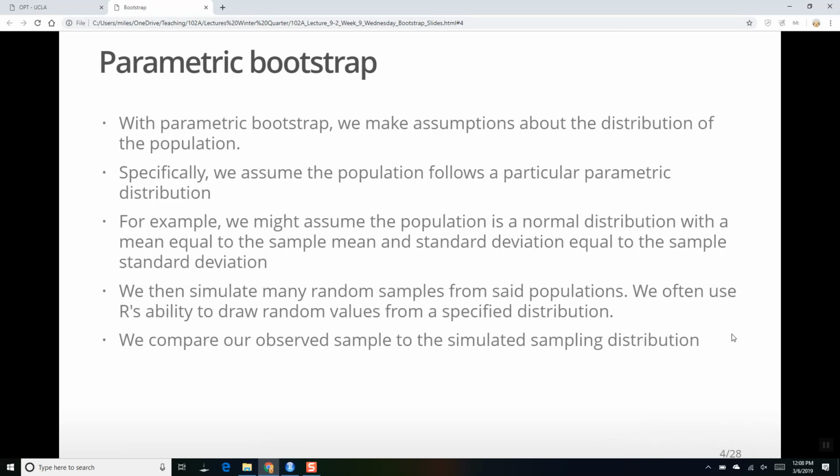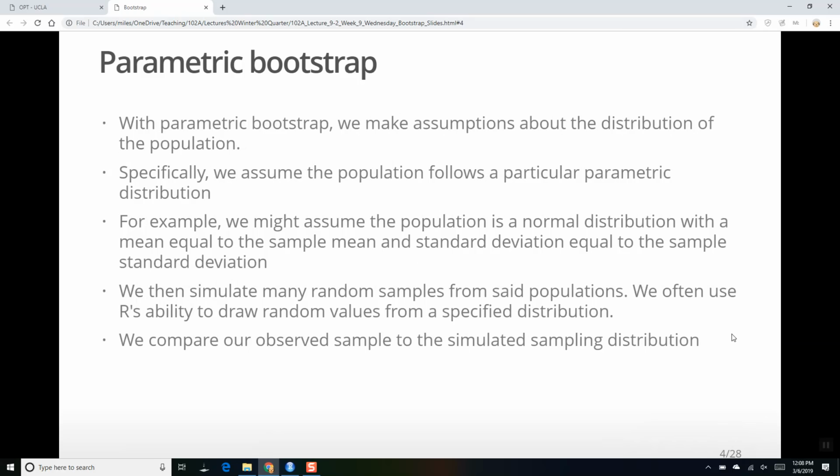So probably the most common example of this is you're going to say, well, I'm going to assume the population is normal. And on top of that, I'm going to assume that the mean of my population is equal to the mean of my sample. And I'm going to assume that the standard deviation of the population is equal to the standard deviation of my sample. Okay? These are obviously slightly dangerous assumptions.